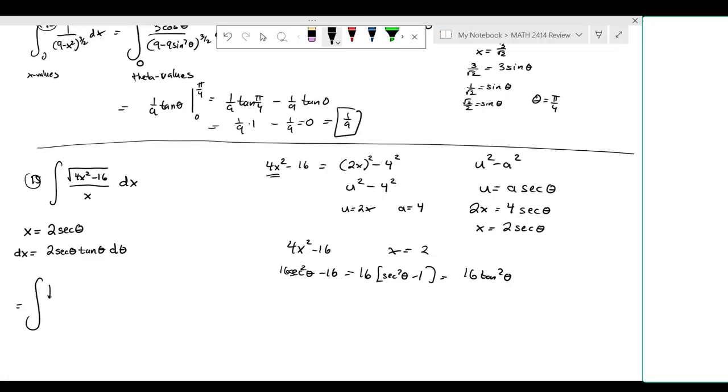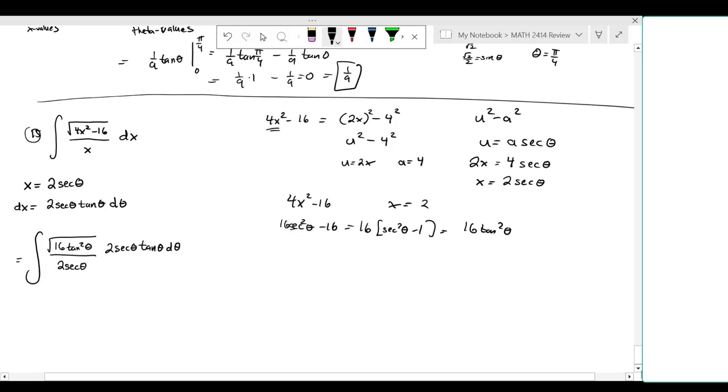Underneath the square root, we get 16 tangent squared. Denominator is x, so 2 times secant, and dx we know as well. And, oh yeah, okay, cool. So we can simplify a bit.